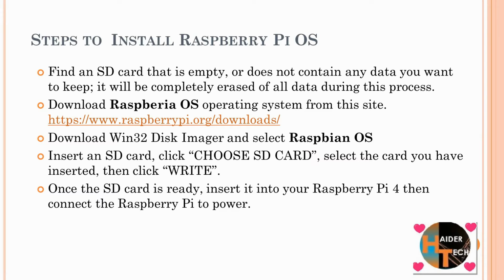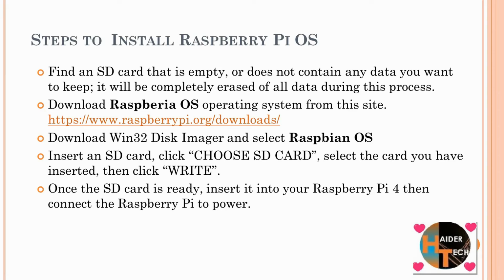You also need to download the Win32 Disk Imager. I will show you which website to use, but the official Win32 Disk Imager website is the better option. You can go there and download it.